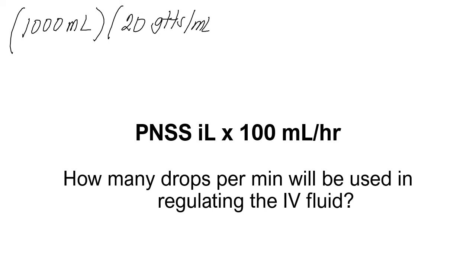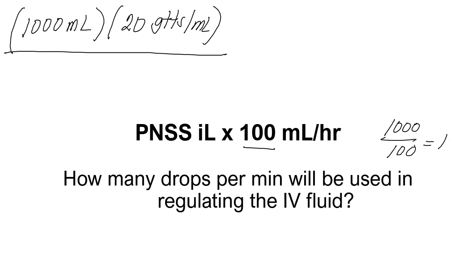The symbol of your drops is GTTS. Divided by the time in minutes. If I compute the hours, that would be 1,000 divided by 100, so I know that this should be consumed within 10 hours. So the formula here would be 10 hours times 60.